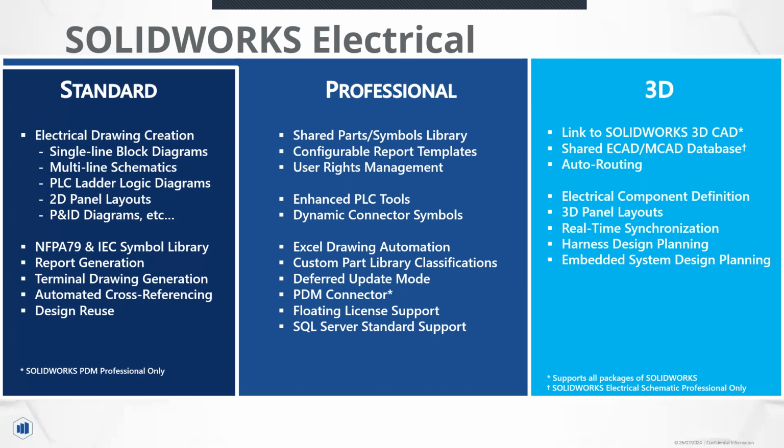You'll be able to connect that so that it's all in one single library. You can do 3D panel layouts as well as harness routing and harness diagrams that are a little bit more advanced and simple to use compared to the routing tool in SOLIDWORKS Premium.